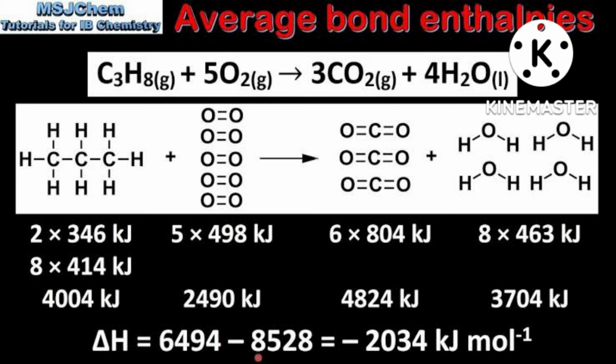What is new, and a student will not know, is the C triple bond O. It is not common, it is uncommon, and because it is a triple bond, its energy is highest, 1070 kilojoule per mole.